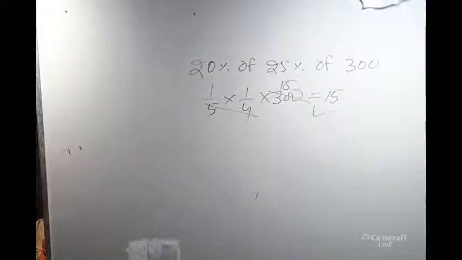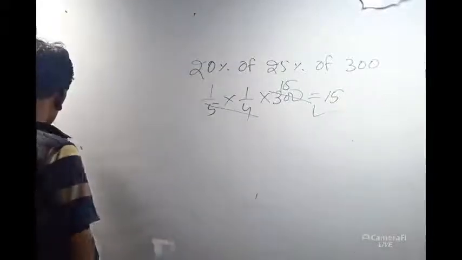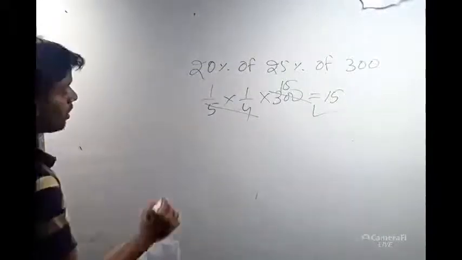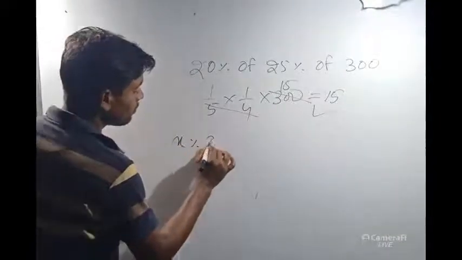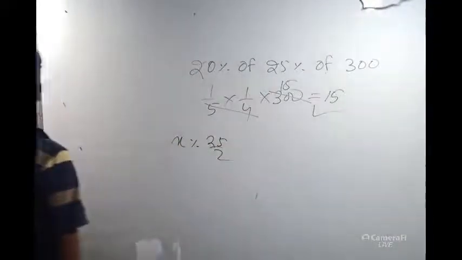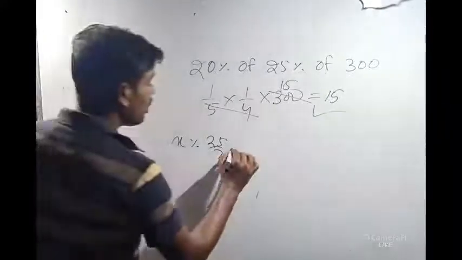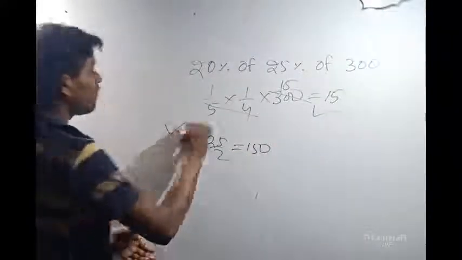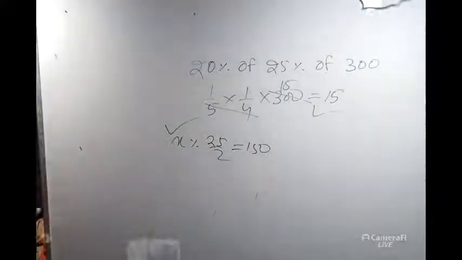Then x percent of 25 by 2 is 150. Then the value of x is what? The answer is 1200.